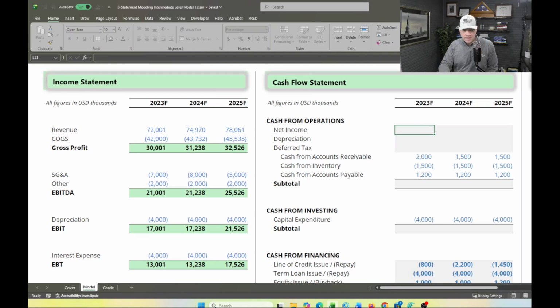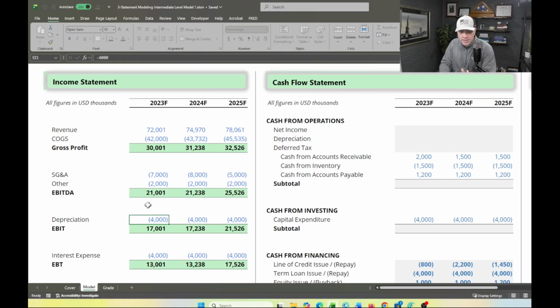Another couple items. Depreciation. We subtract out depreciation for tax purposes on the income statement. However, that was never a direct outlay of cash. It wasn't a direct payment of cash, because depreciation was the depreciation of long-term assets that we get to subtract out so we don't pay as much taxes.